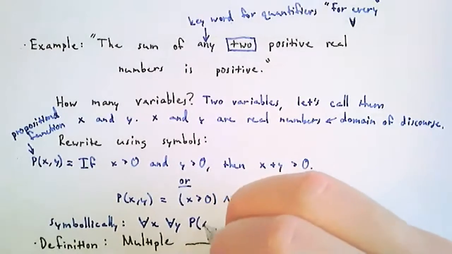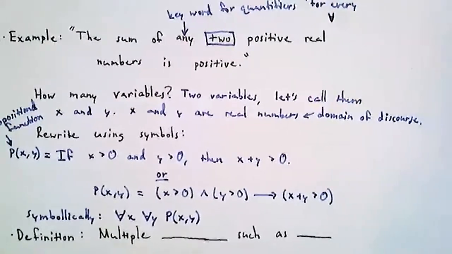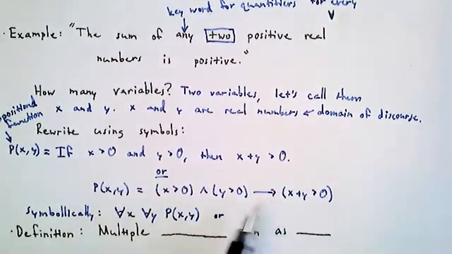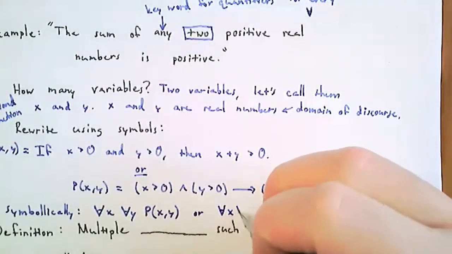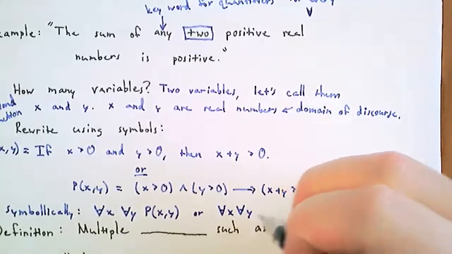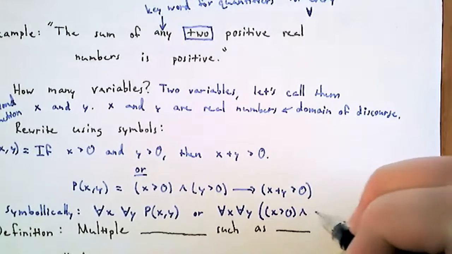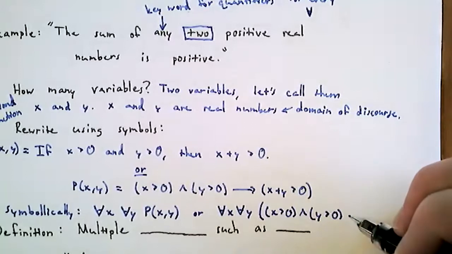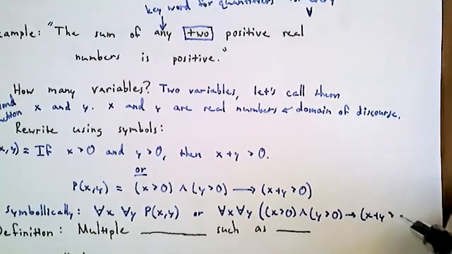I can just write P of x comma y. Or you can write it out the long way. You can write out all of the symbols. Your two quantifiers, for all x and for all y, if x is greater than 0 and y is greater than 0, then x plus y is greater than 0.